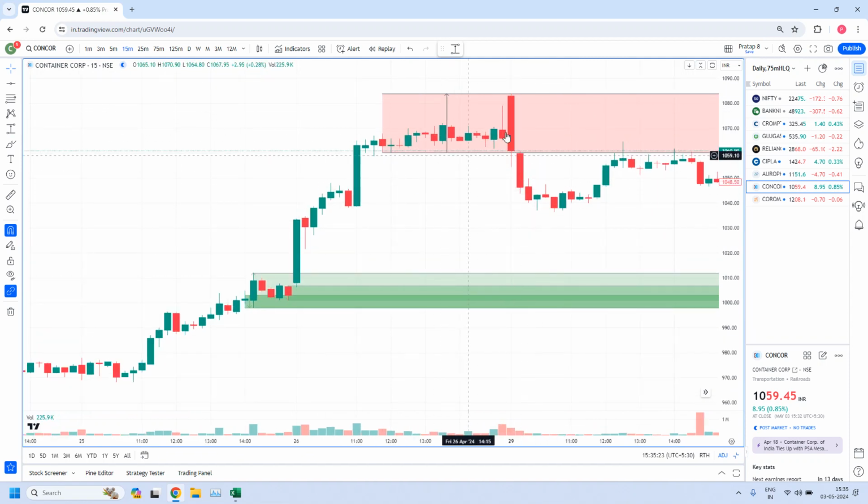Look into the structure of this zone. See the price action here, all these candles. So the structure is very bad. Such kind of zones will be violated easily. The only condition that it will not be violated is when institutions decide to create a new zone inside this, the new fine-tuned zones inside the 75.